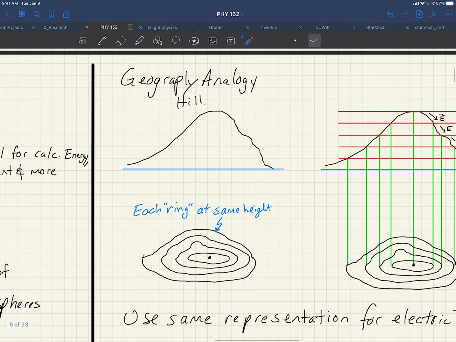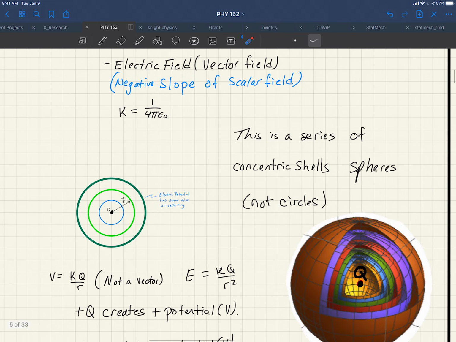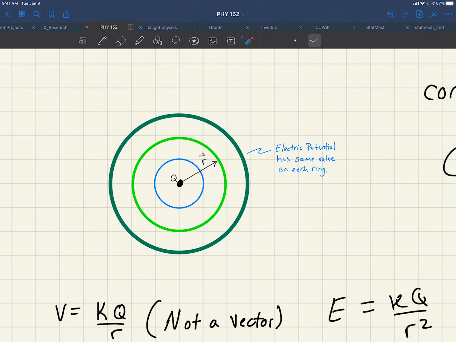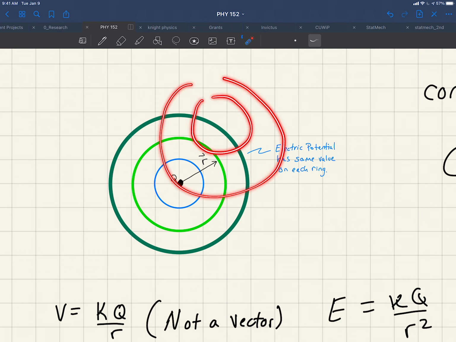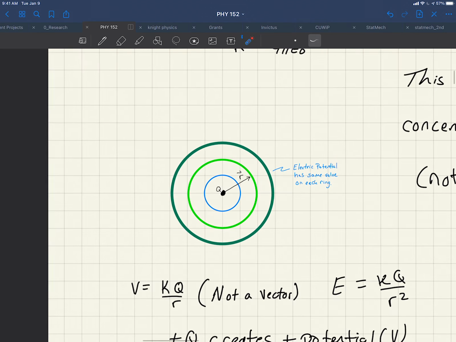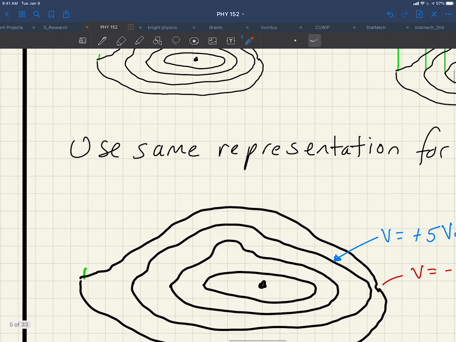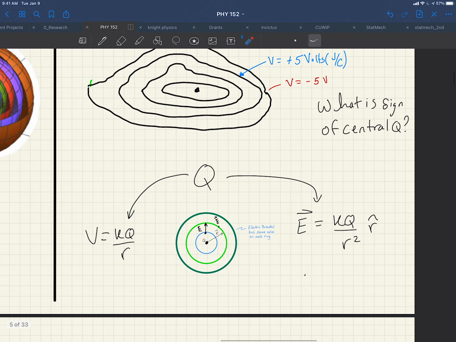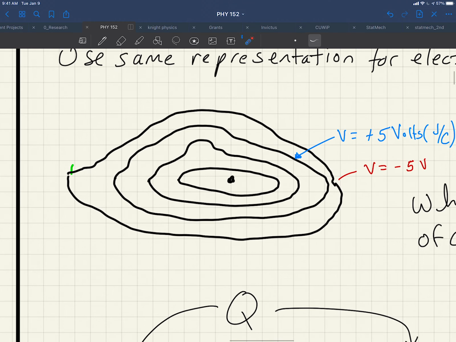So you already saw the most simple of these things. Right here, each ring of a single point charge had the same potential. Very simple geometry. But now if you add more charges, you begin to add those spheres, and you begin to wonder, where is the potential the same? So come back over to this representation, and we recognize that this can be used as a map of potential. Why?